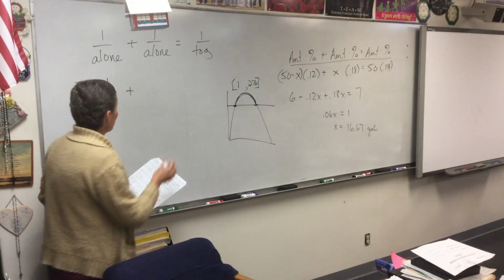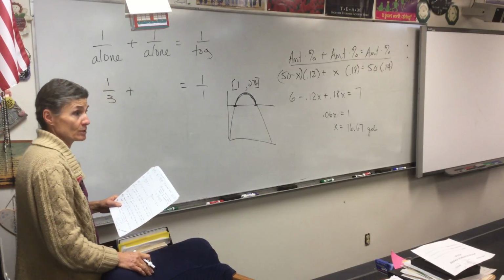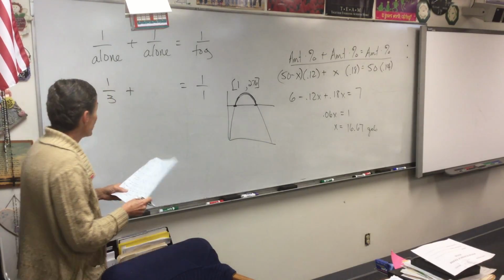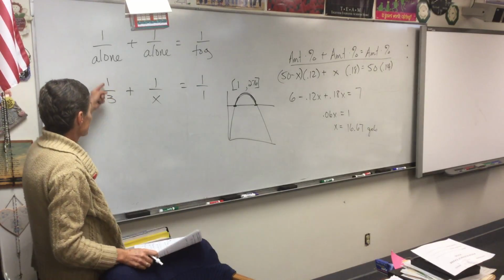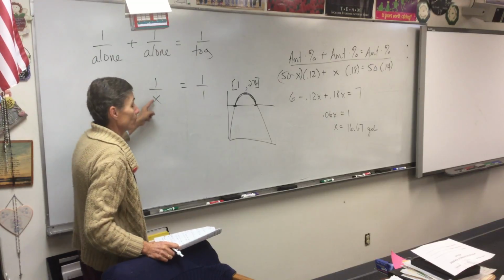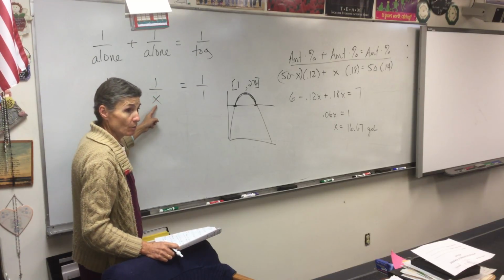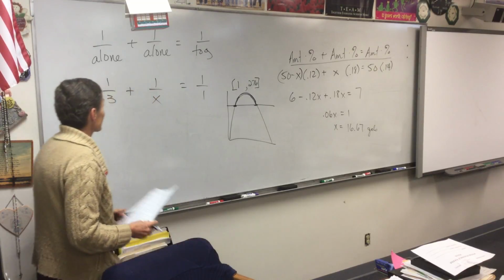If Emma helps, it takes 1 hour, so this would be 1 over 1, because that's their together time is 1. How long for Emma alone? So 1 over Rachel's time, 1 over Emma's time, which is unknown, adds up to 1 over their time together.